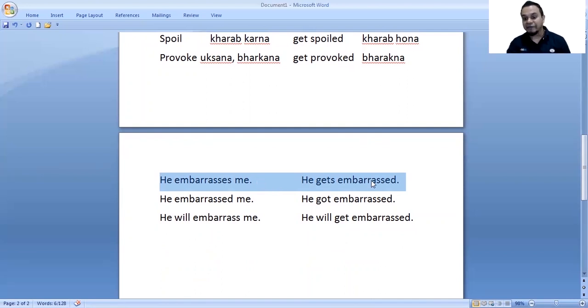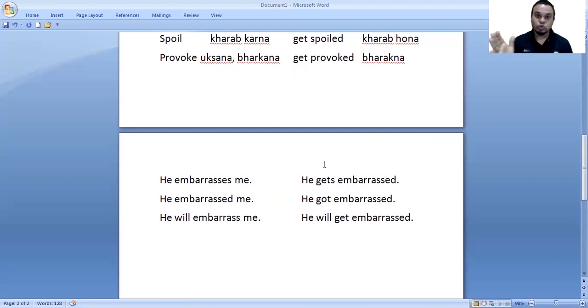He gets embarrassed. वो शर्मिंदा हो जाता है. This is the simple present tense, right? So the S is added to the get and the third form embarrassed, right? So according to the tenses, get will change. Get will become got, will get according to the tense. But the main verb, that embarrassed, will remain the same, right?